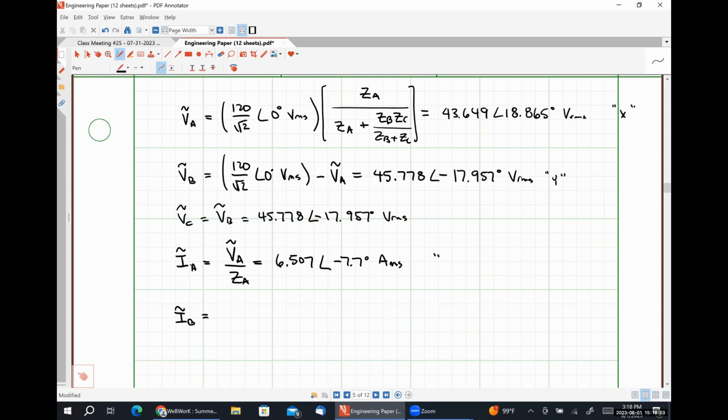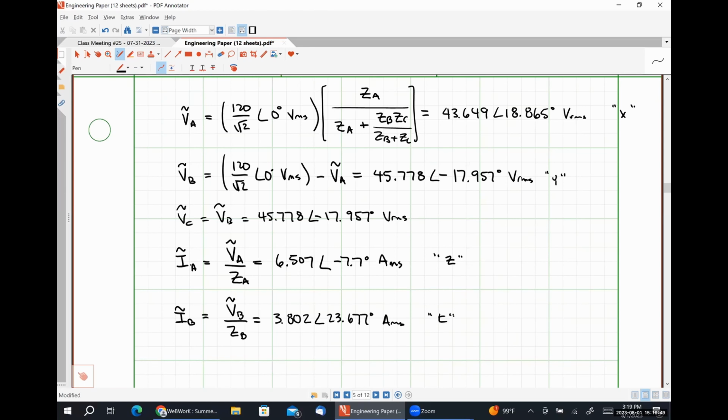I'm going to store this in my calculator just for the sake of argument as Z. IB is just going to be VB over ZB, or what I have stored in my calculator as Y, divided by what I have stored in my calculator as B. I get 3.801, or 802, so let's round that to 802, with an angle of 23.677 degrees, amps RMS, which I'm going to store as T.